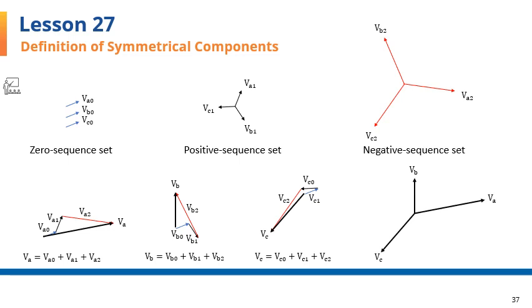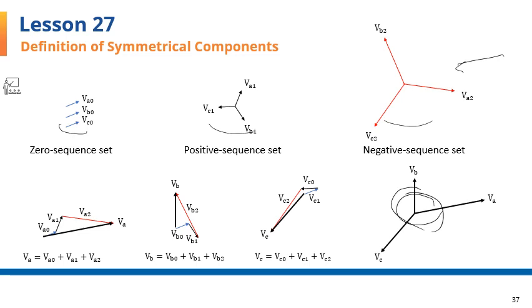What makes the sequence sets useful is that they replace the unbalanced set of phasors, VA, VB, VC, in the analysis of circuits. And since the 3 constituent sets are themselves balanced, they facilitate system analysis. We'll be using this set, and this set in place of these 3.